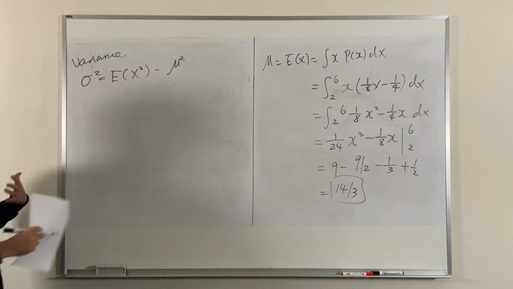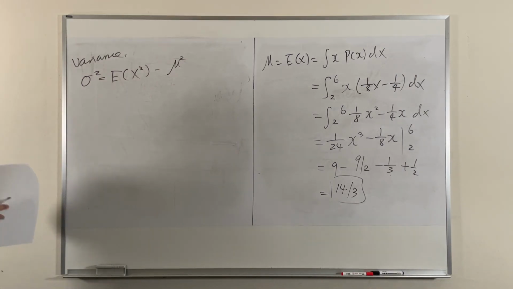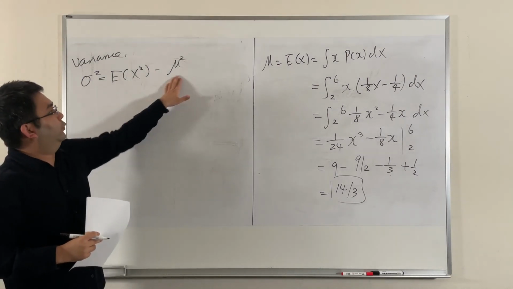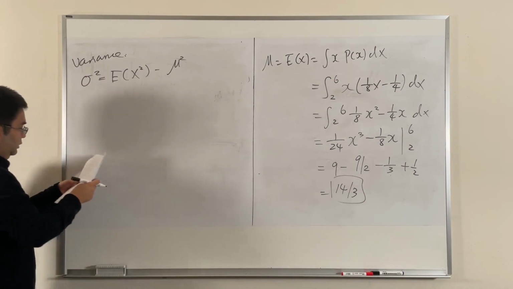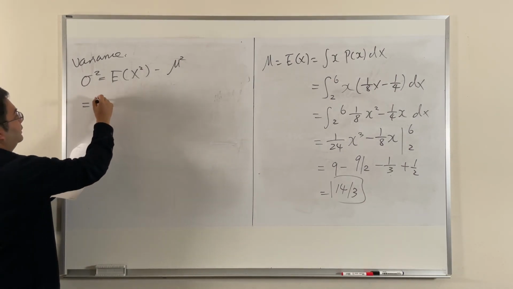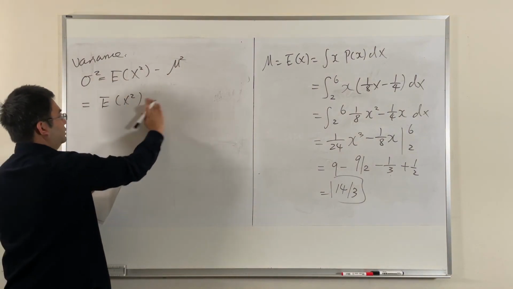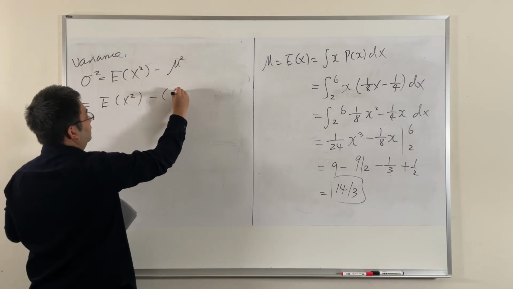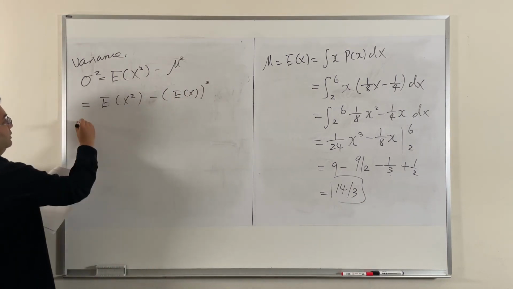In this case, I decided to use this formula because we already calculated the mean, so we can just square the result we got. This equals the expected value of x squared minus the expected value of x, squared.